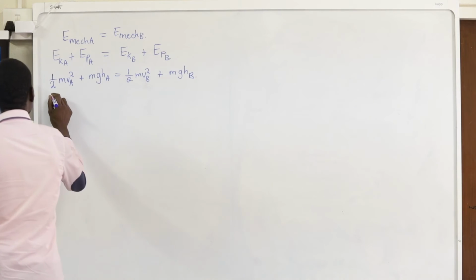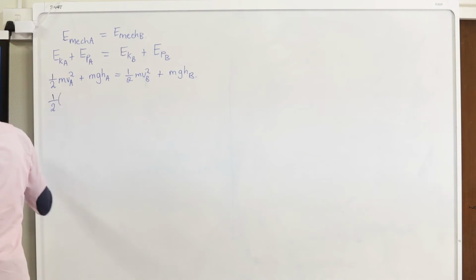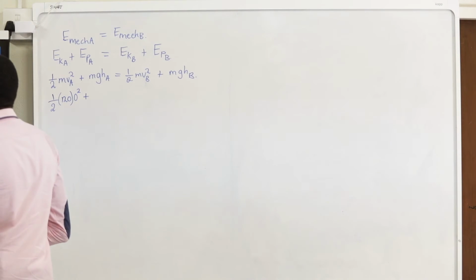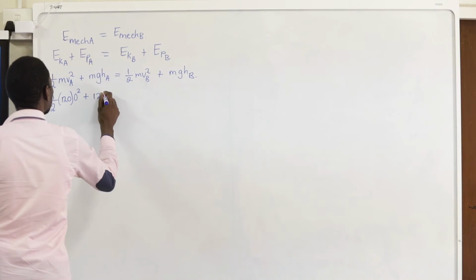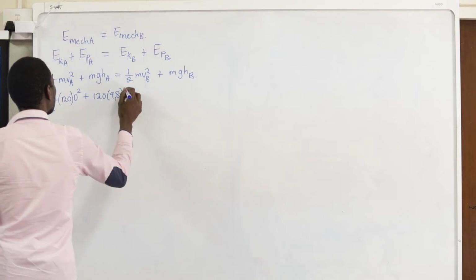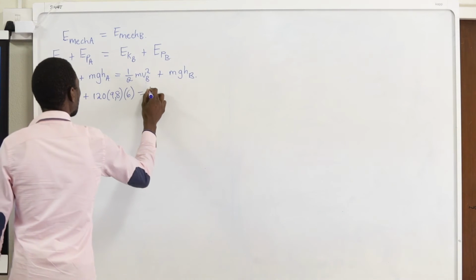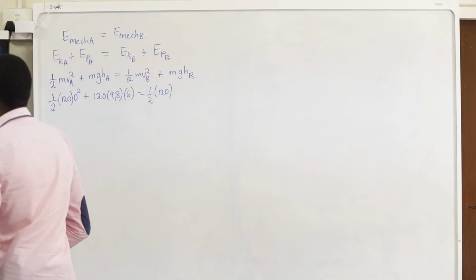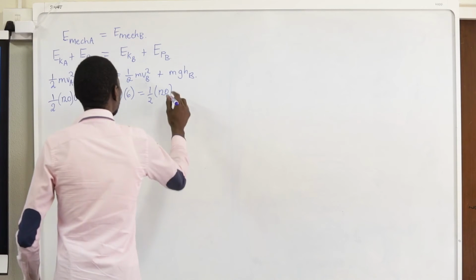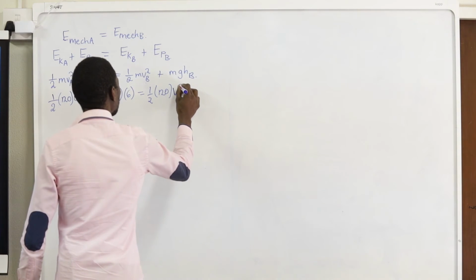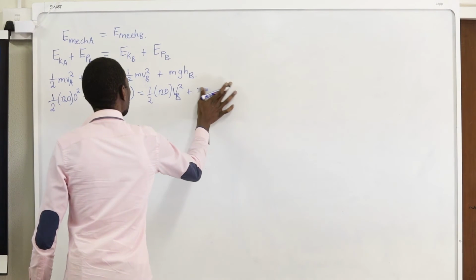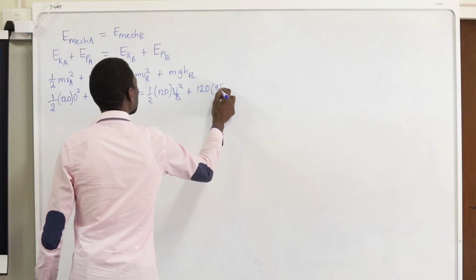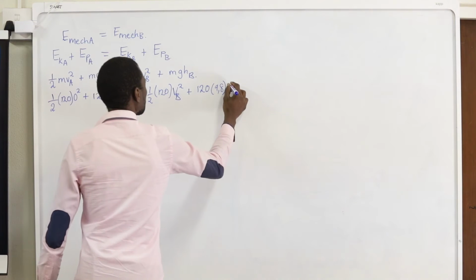In other words, when we are substituting the values: half the mass of 120 times the initial velocity of 0 squared, plus the mass, which is 120, times 9.8 times the height, which is 6 meters, is equal to half the mass 120 times the velocity at B, which is what we are looking for, squared, plus m, which is 120, g, 9.8, multiplied by the height, which is 3.